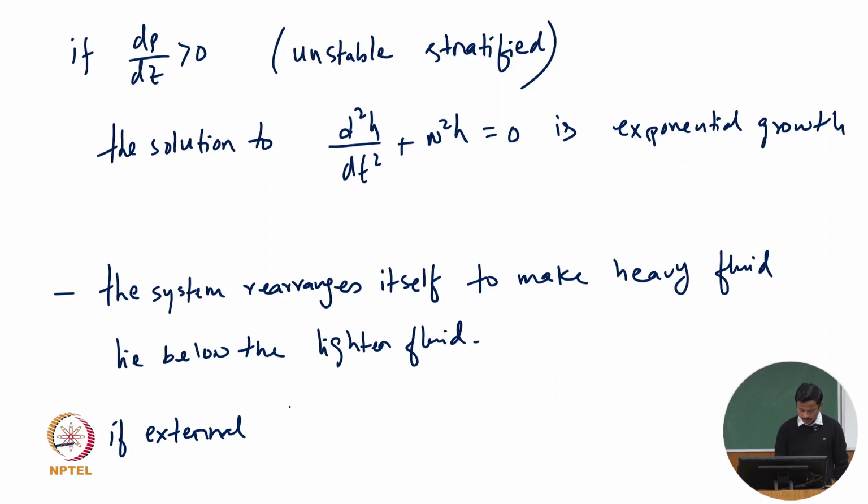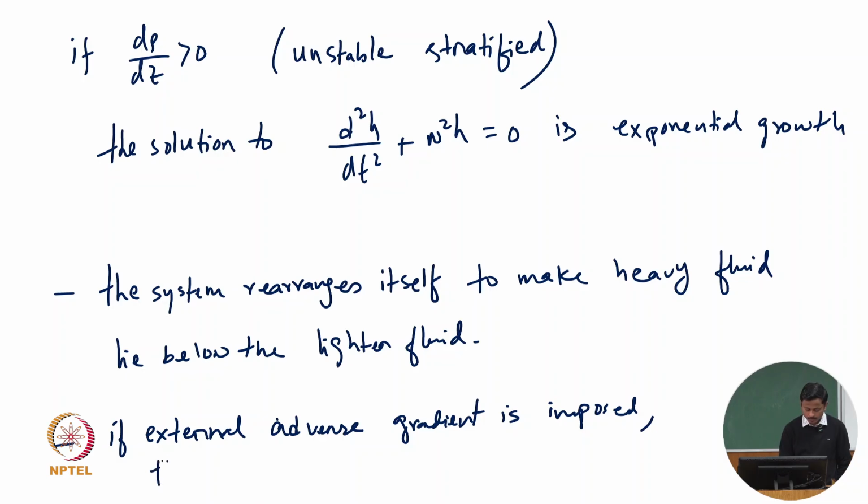So if an external adverse gradient is imposed, the system will convect.